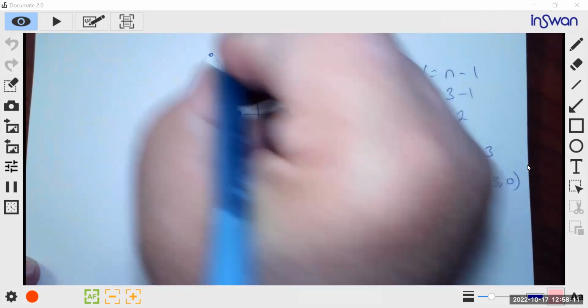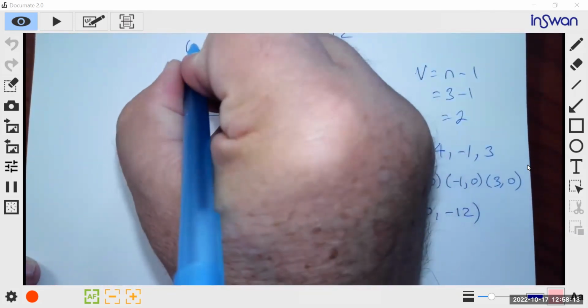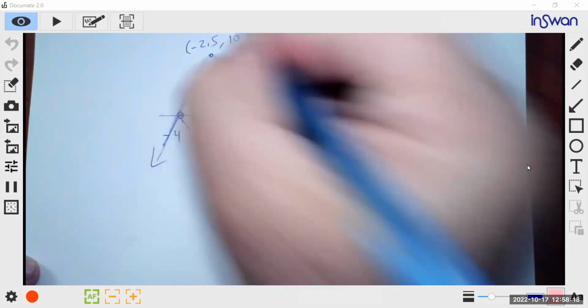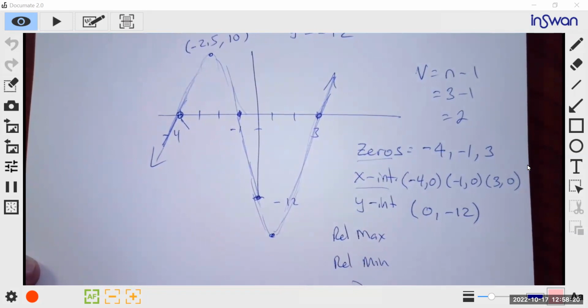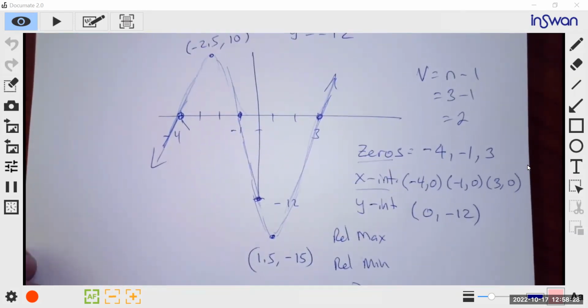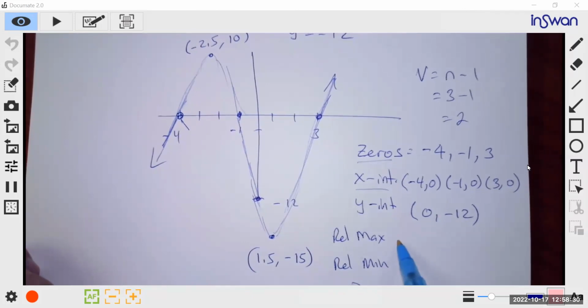So let's say we have a point here at -2.5, 10, and we have another point here at 1.5, -15. The relative maximum.